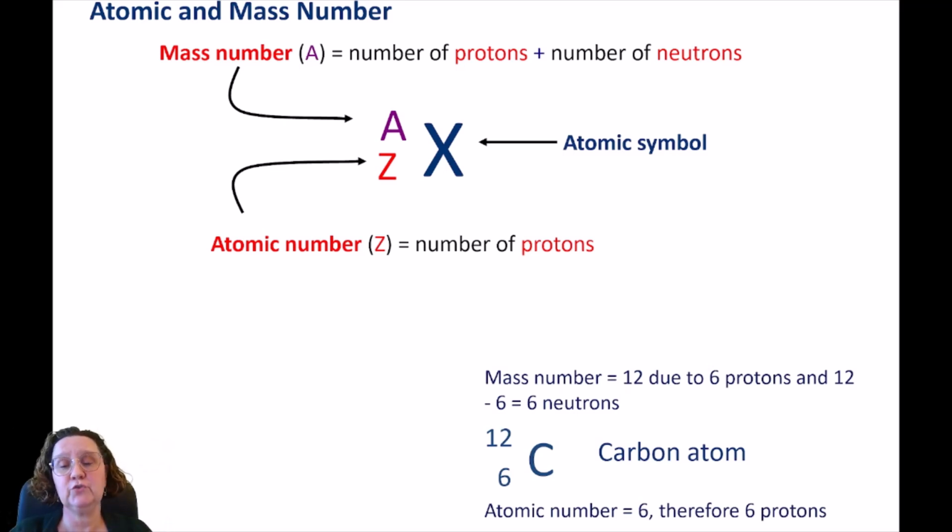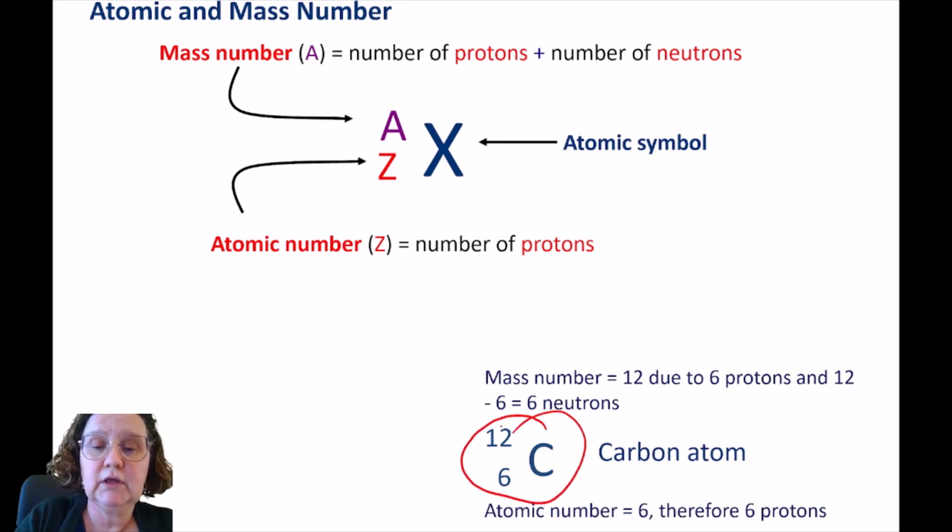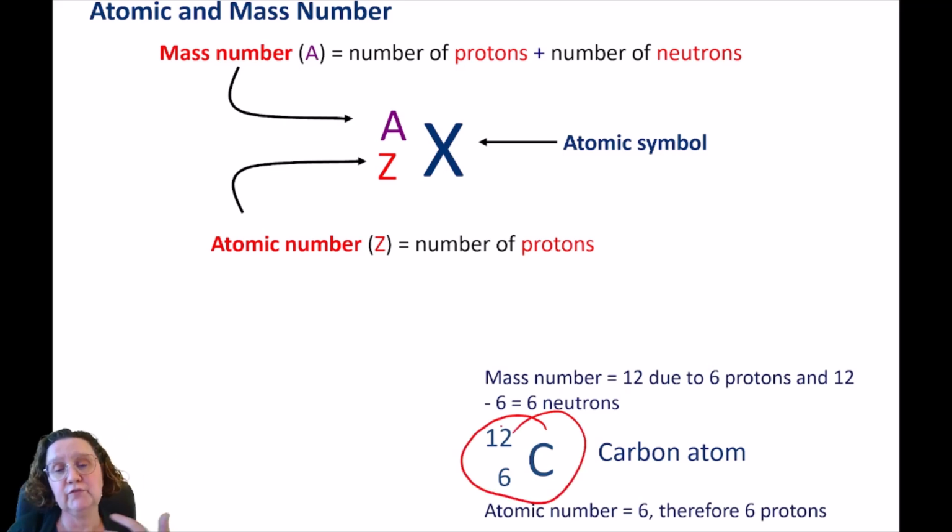And the mass number is 12, so because it has 6 protons, 12 minus 6 is 6, it must have 6 neutrons. So this symbol represents a lot of information that I can get.